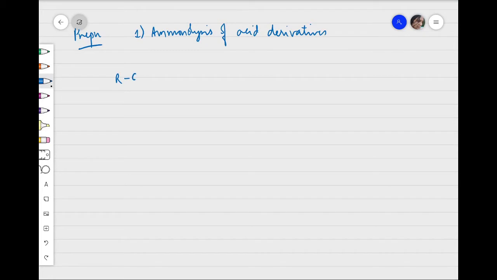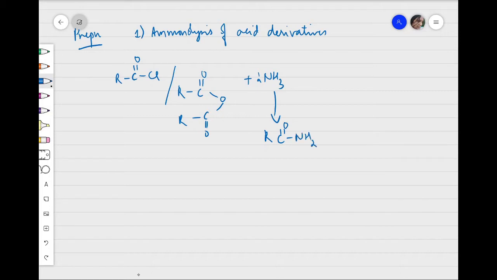You can take either the acid chloride or the acid anhydride, and you treat either one of them with ammonia. You need two molecules, and what you will get is the corresponding amide.